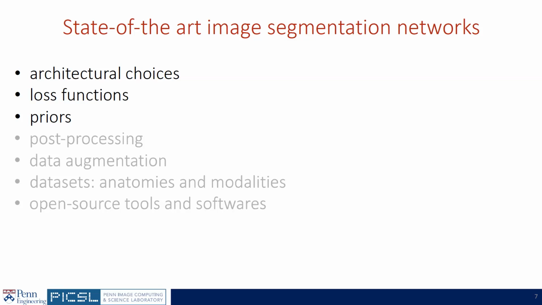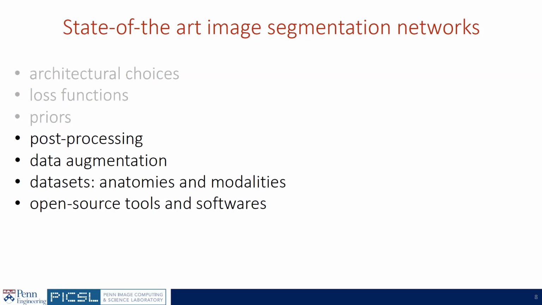So can I give some information into the network which explicitly accounts for segmenting a vessel, like a thin, long structure?